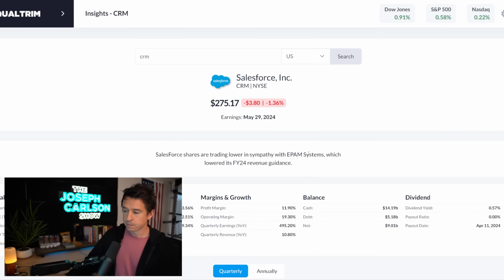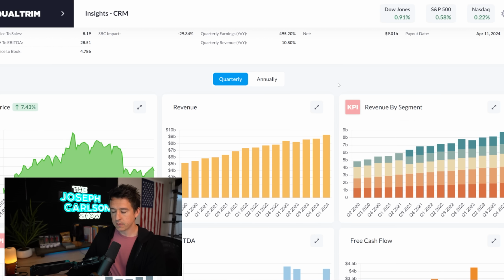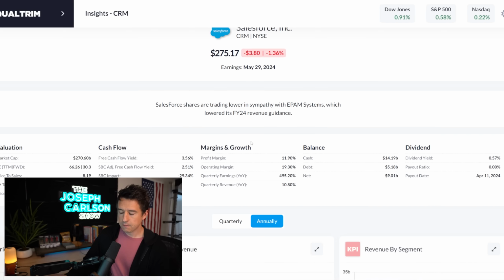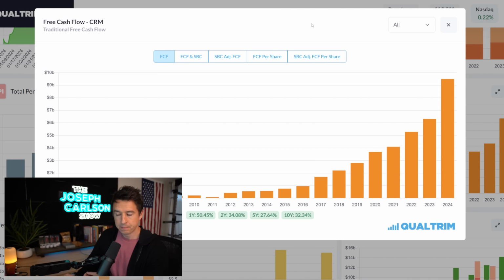So I have this narrative, this story I'm creating, but now we've got to look at the fundamentals, okay? We've already gone through the revenue, but what we want to do is match this narrative with the fundamentals. When I'm looking at fundamentals that will back up a stock where I don't think I'll lose a lot, I look for a company that has growing amounts of free cash flow every year, and a company that I think will continue to grow free cash flow in the future.